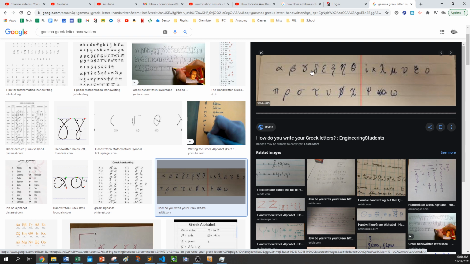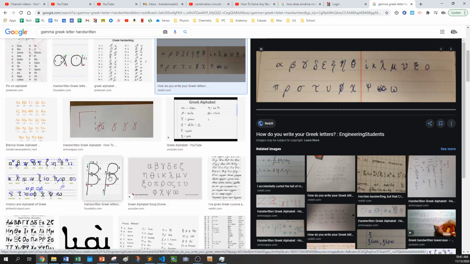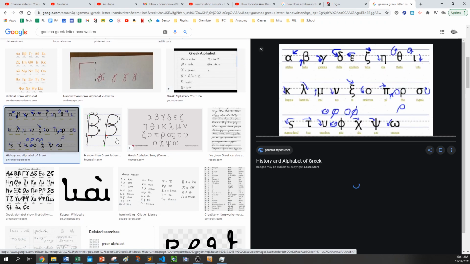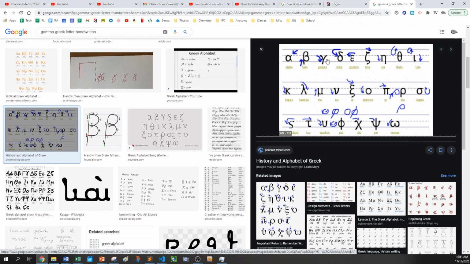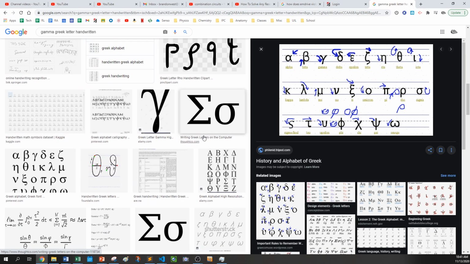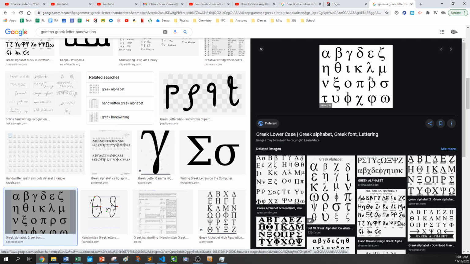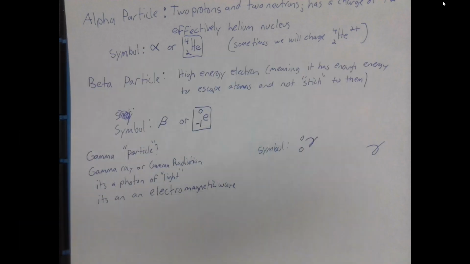So sometimes it's written like that, alpha like this. There's beta, which almost kind of looks like a Y. Alpha, beta, gamma. Alpha looks like an A, except it has its little tails over here.